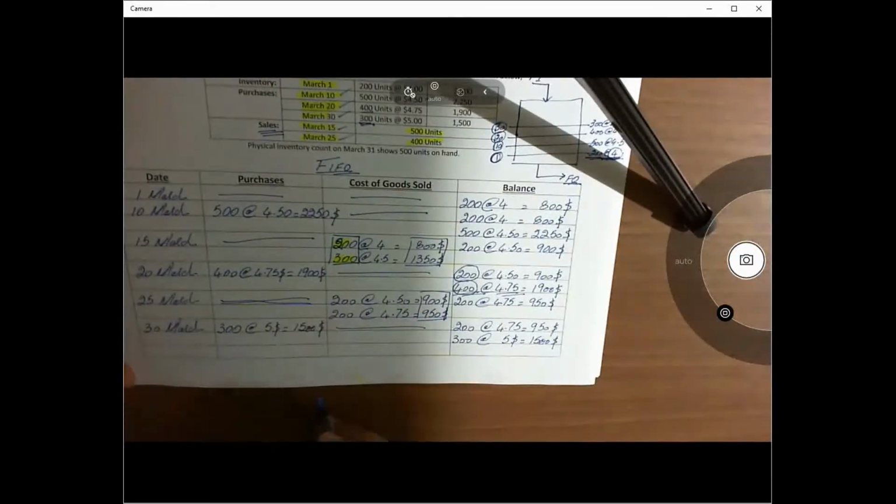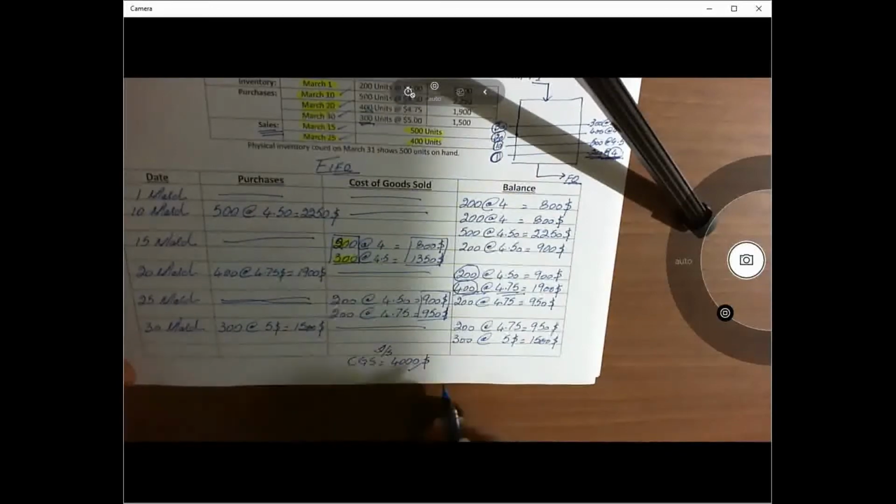When we add all these up, it will represent our cost of goods sold, which is going to give us $4,000. On the other side, this will go in the income statement as an expense or as a cost.